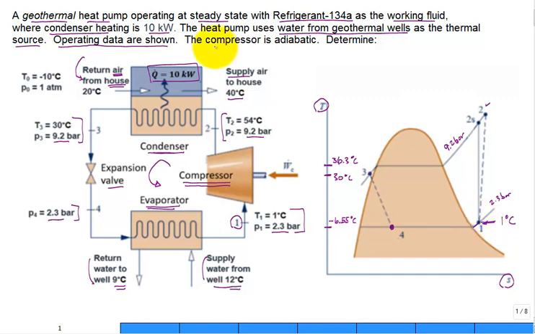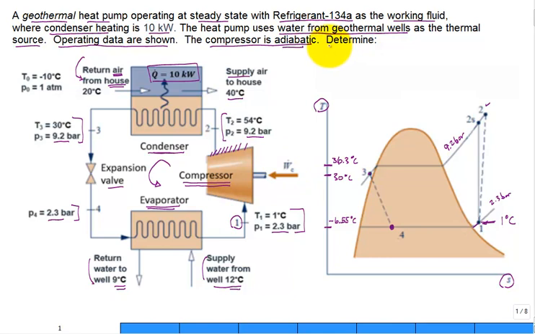Now, the compressor is assumed to be adiabatic, meaning there's negligible heat transfer between the surroundings and the compressor. So the only energy transfer is this shaft power coming in.